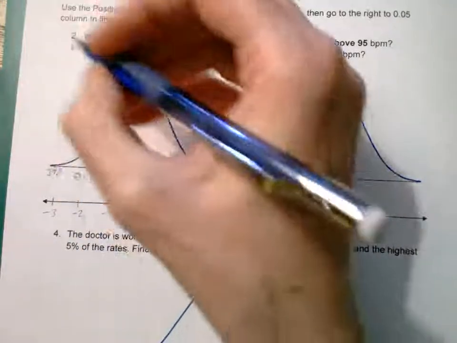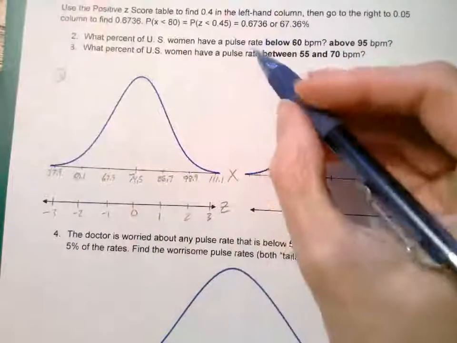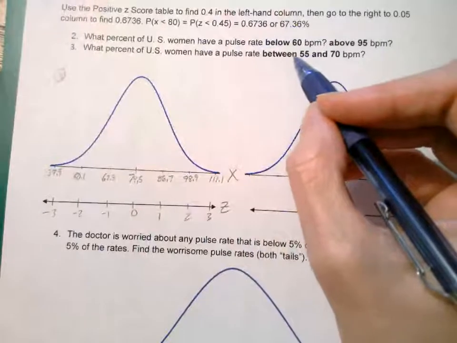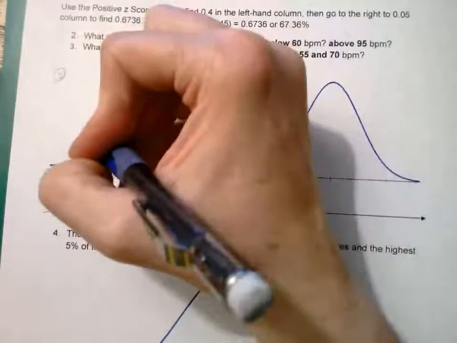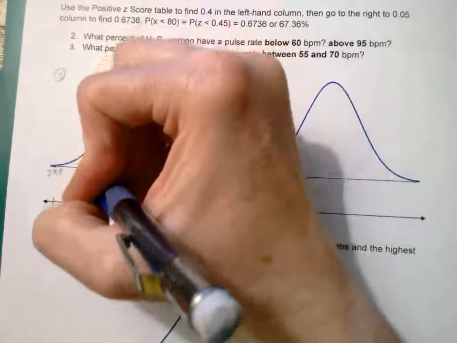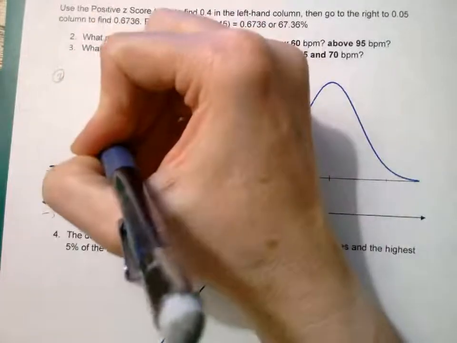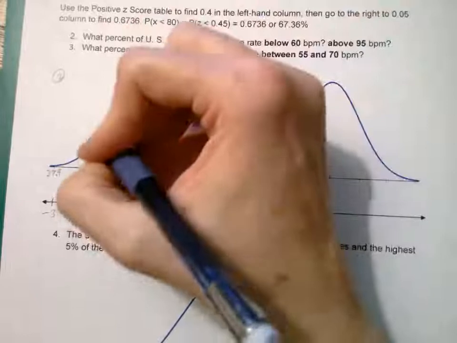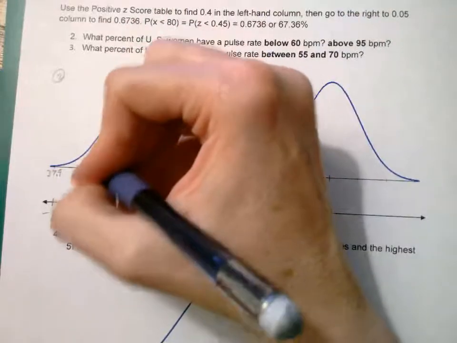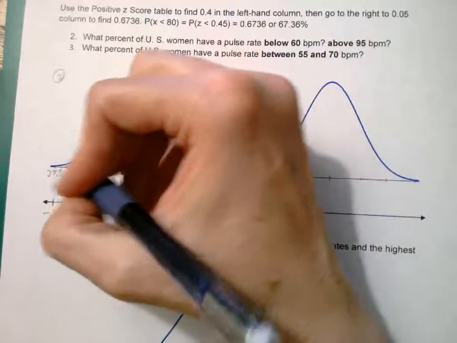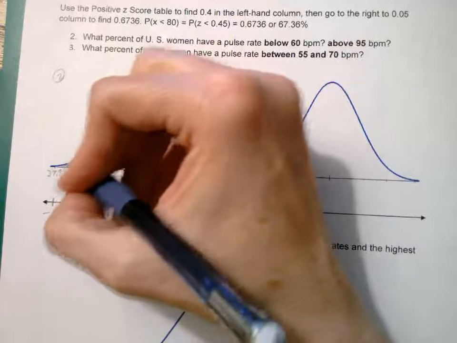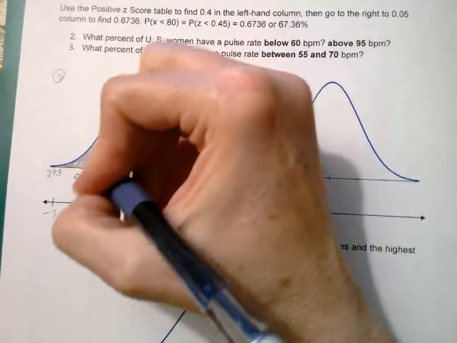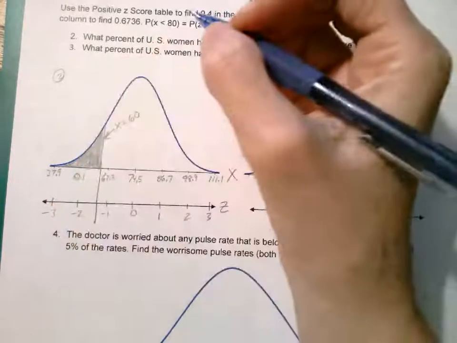All right, so for number 2, we're looking for percentage of women that have a pulse below 60. So that means they're telling us right here they have a blood pressure pulse. So below 60 is the same as to the left of 60, but I can't look up 60 in the chart. I need a Z-score for that 60.